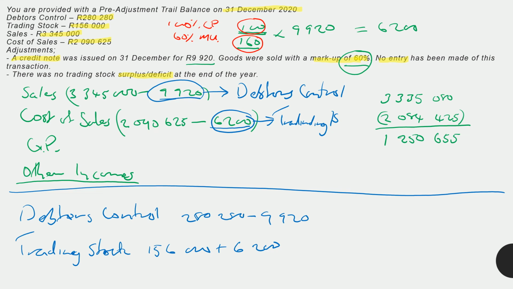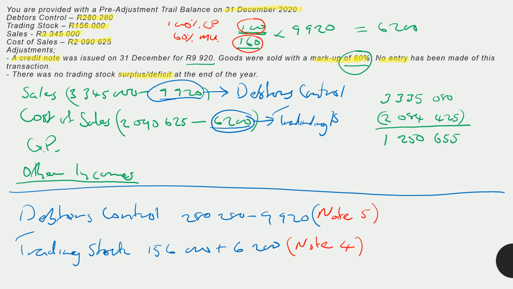So that when you go to the notes, note number 3 is fixed or tangible assets.